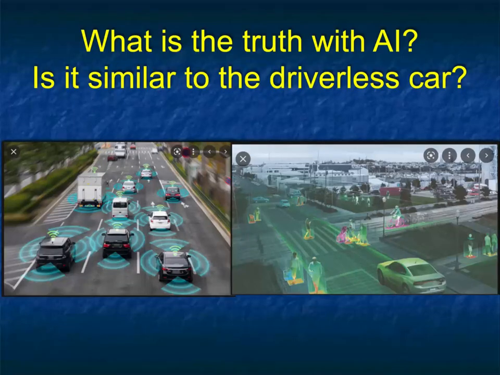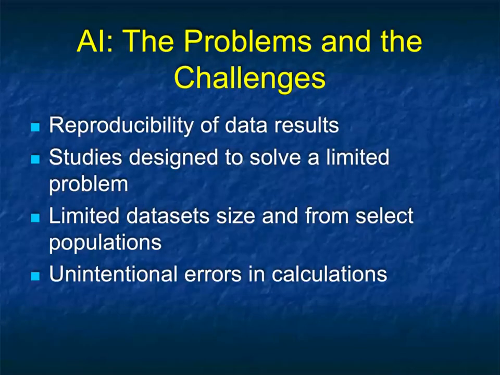There's lots of things that aren't perfect. So one of the things we really need to realize in AI is it can't be the perfect scenario. It can't be the perfect CT scan, and then you can make the perfect diagnosis with AI. AI is going to have to look at studies that are not of the best quality and make the diagnosis on those scans if it really wants to be successful in real world practice. And when you think about AI, the problems and the challenges, reproducibility of data results is a major challenge, and I've mentioned that with every paper.